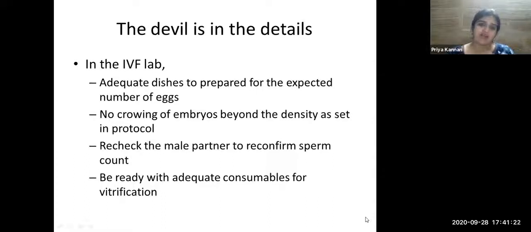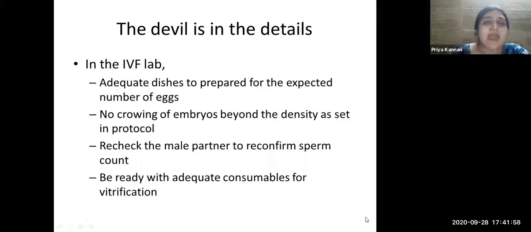So we have had 25 eggs, and how do I prepare the IVF lab for this? The success in the IVF lab is always in the details. For every patient we do this: the moment there is a patient coming for pickup, we always get the follicular monitoring sheet and see how many follicles are there and how many expected eggs I am supposed to have, because I have to prepare adequate dishes for the amount of eggs.